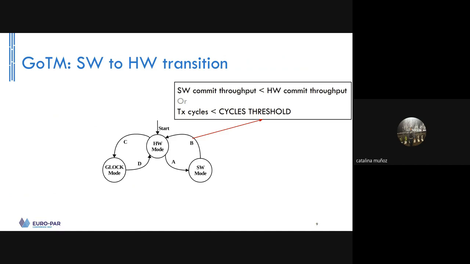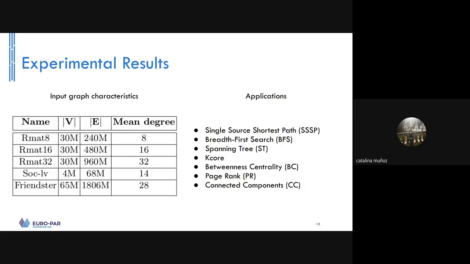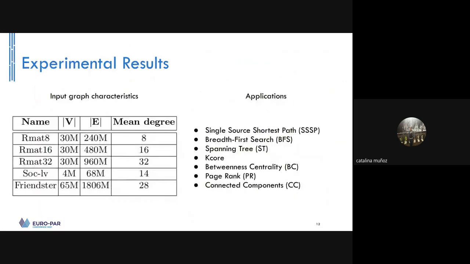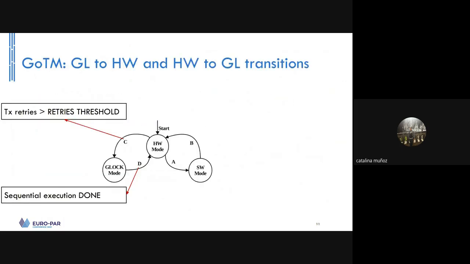Well, I believe that is one of the issues you find, for example, in the performance of PHTM star, which is a generic phase TM implementation. Our approach, to answer your first question, yes, there is an overhead from all of the transitioning. That's something that should be minimized.